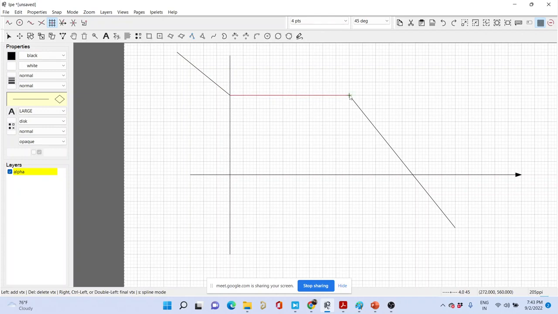It follows the plant characteristics, and over here you have another pole, and then it again follows the plant characteristics. So you have used a lag compensator, and by using it you are able to overcome this problem of reduced gain in the mid frequency region. Are you getting my point?